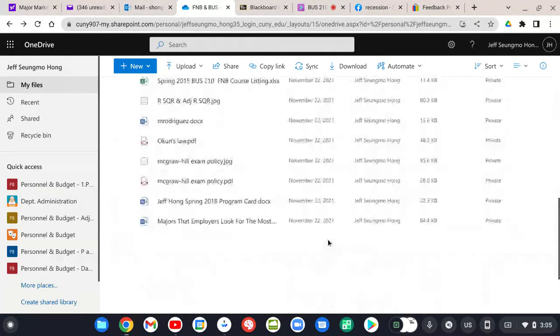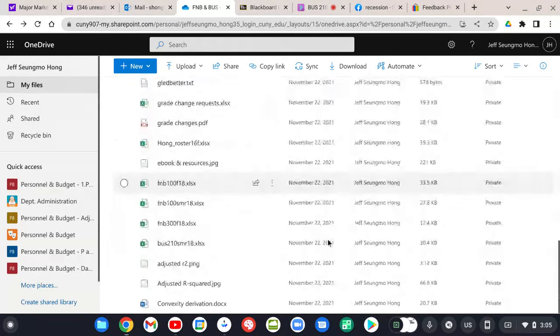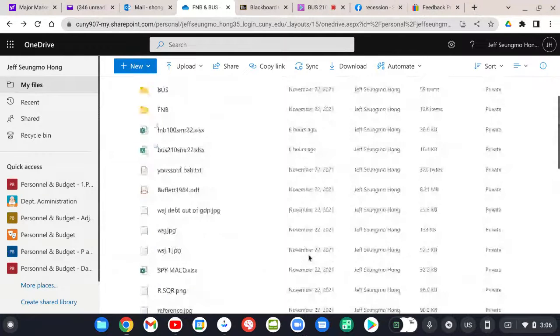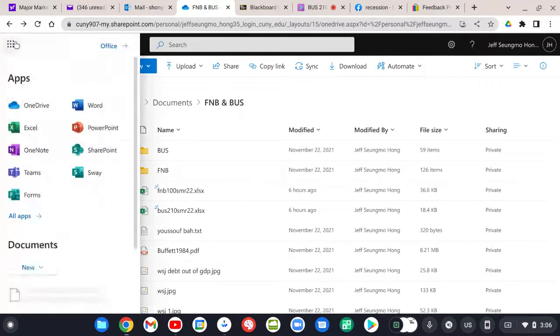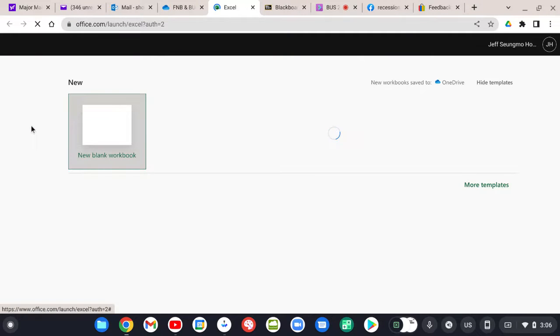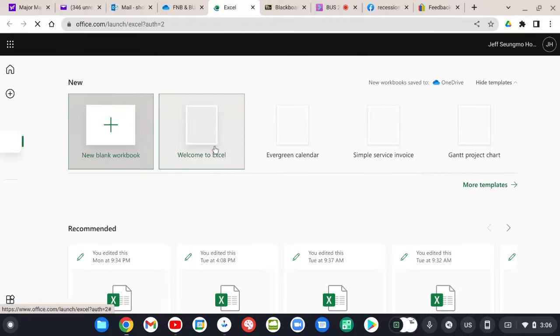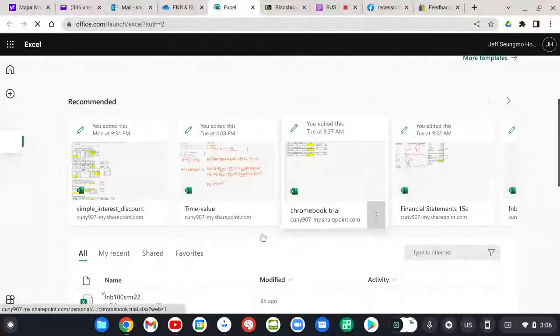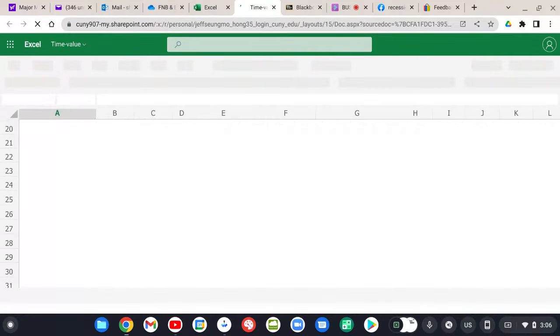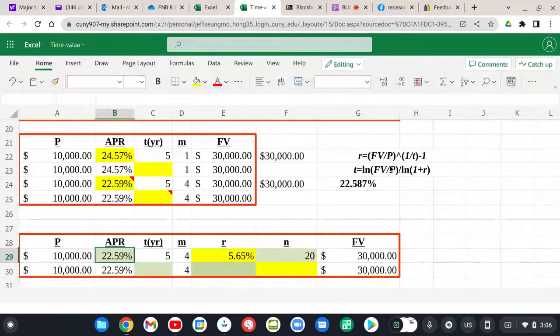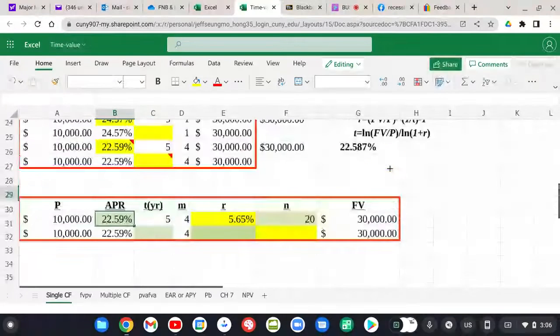Modified six. Time value of money. So yesterday, here.